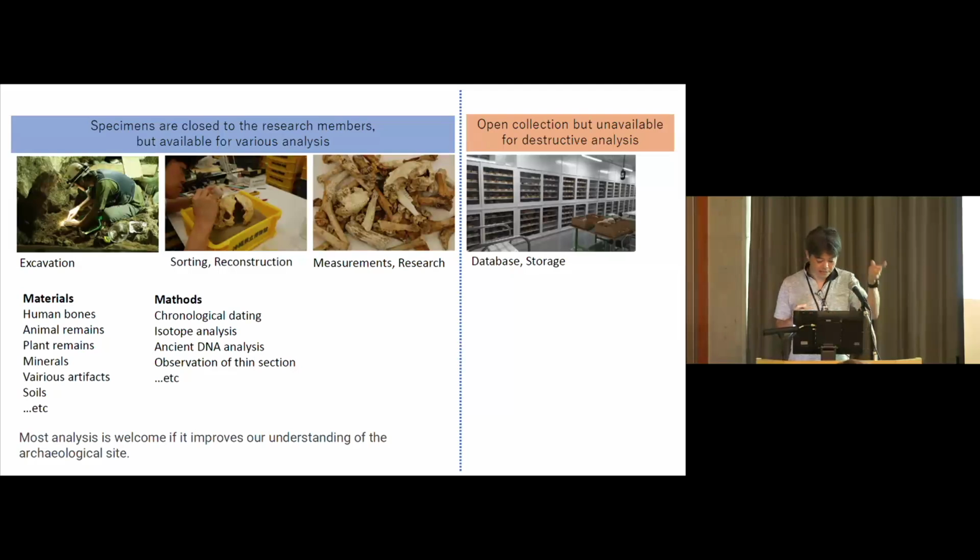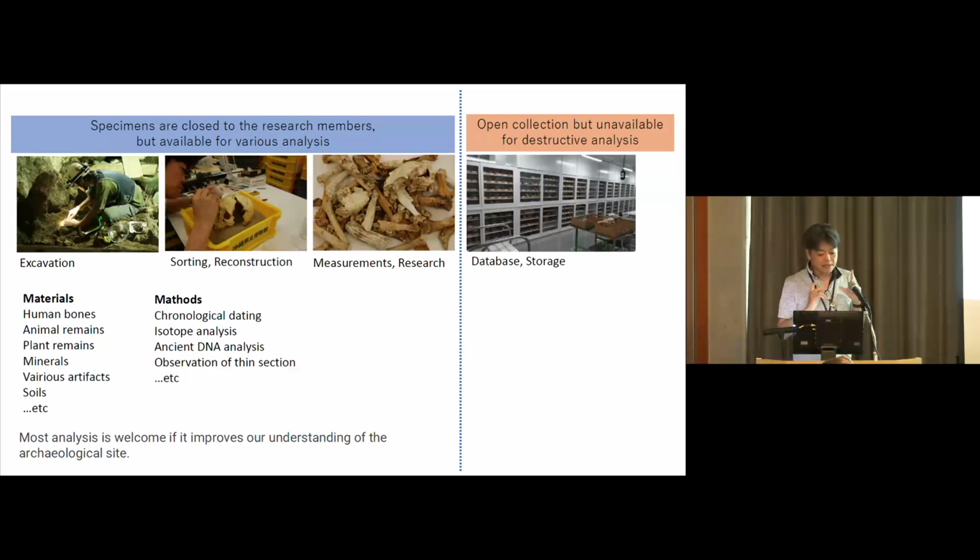As Steya-san told, in the case of archaeological and anthropological samples, they are first excavated in the field and then brought to the laboratory and cleaned, sorted, and reconstructed, and the basic research is done. After that, we make a database and register them in storage. And we usually spend at least several years in the case of academic research.